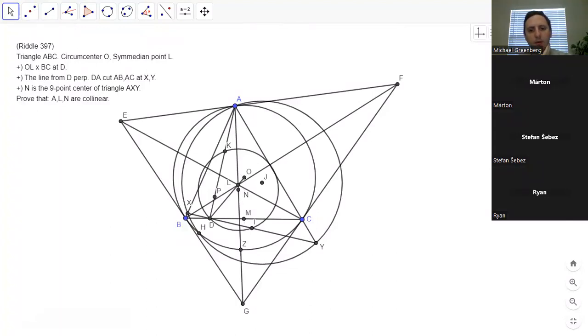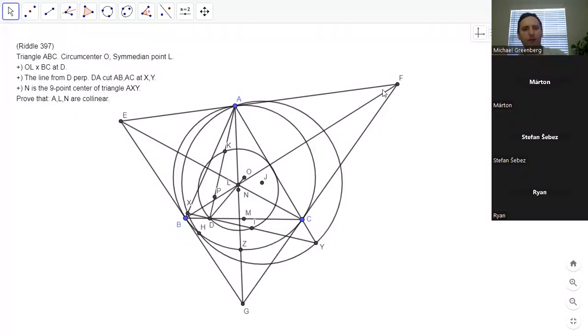But that just makes things a little messy, so I'll hide it. So L is the in-center of FEG. So we want to show an in-center.